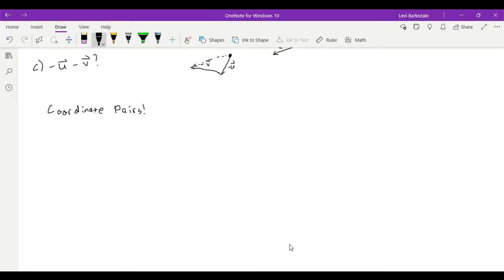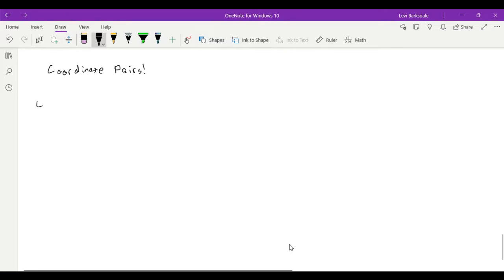So if I wrote that vector u was <1, 2>, what I mean by that is if I plopped it on a coordinate plane, I can plot the pair 1, 2. That would go right here. Then my vector u would go from the origin to the point here. And this is vector u.